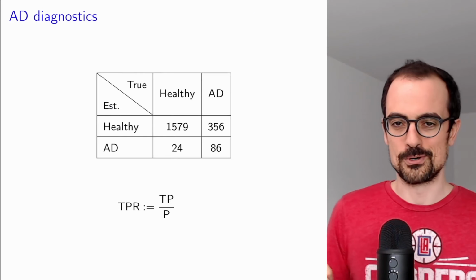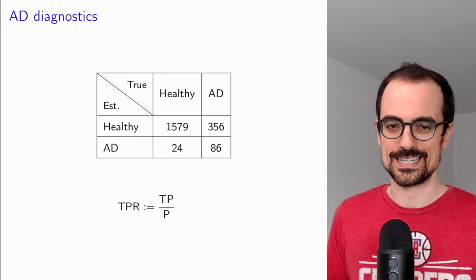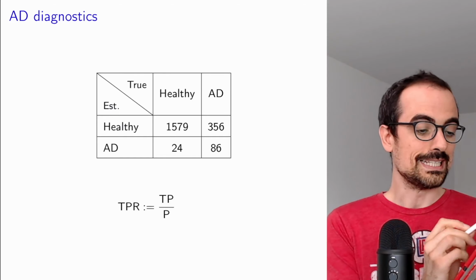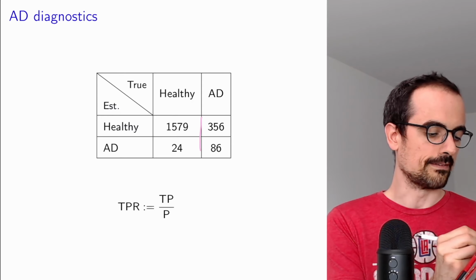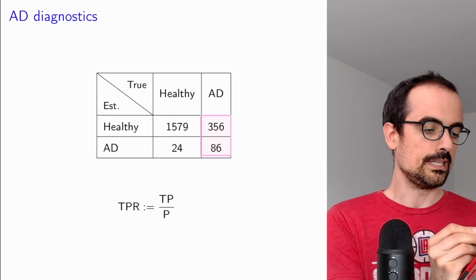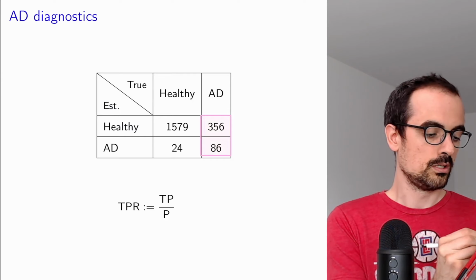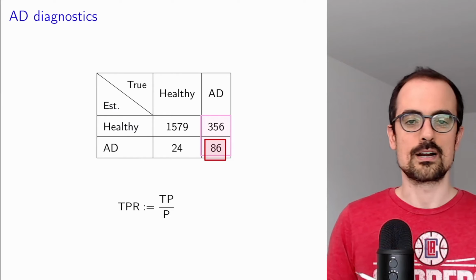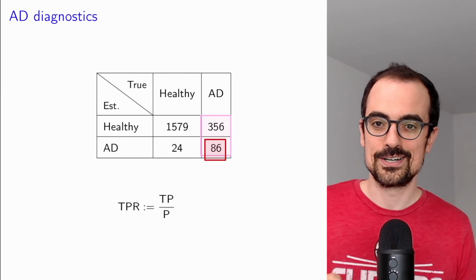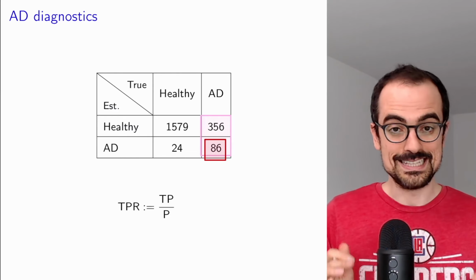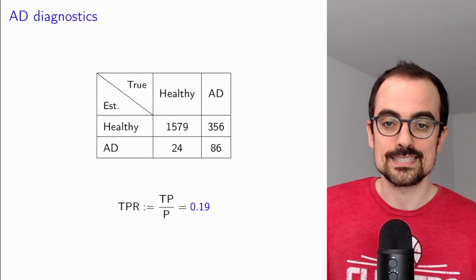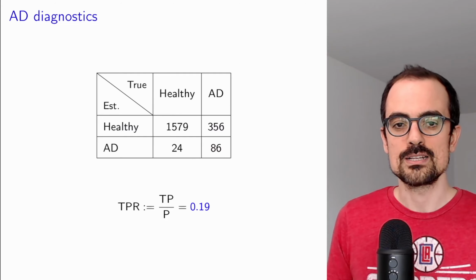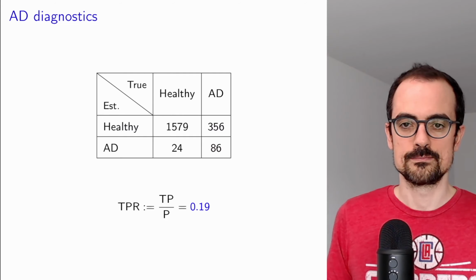So we take the ones that have Alzheimer's, and we see how many of those we classify correctly, how many of those are true positives. And here we realize that the classifier in this sense is doing pretty badly, because only 20% of the people that have Alzheimer's are classified as having Alzheimer's.